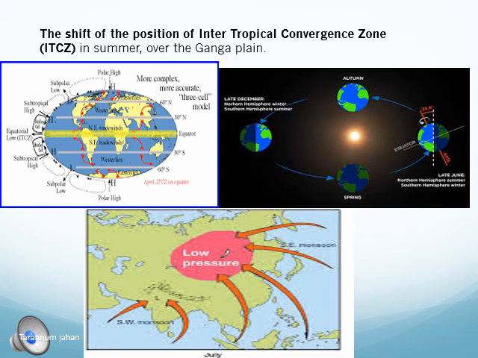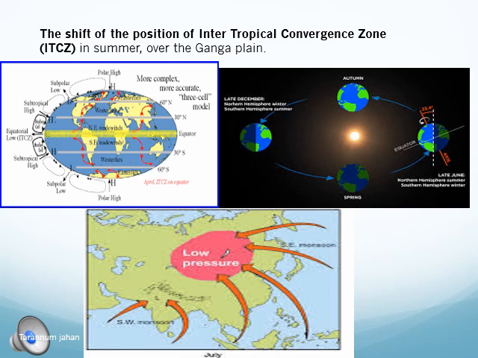So due to the low pressure on the Ganga plain, it creates a monsoon trough there, because now the low pressure is there. So all the oceanic high pressure winds get attracted towards it. And winds never go alone, they always carry the moisture, and with that moisture it creates a monsoon trough.